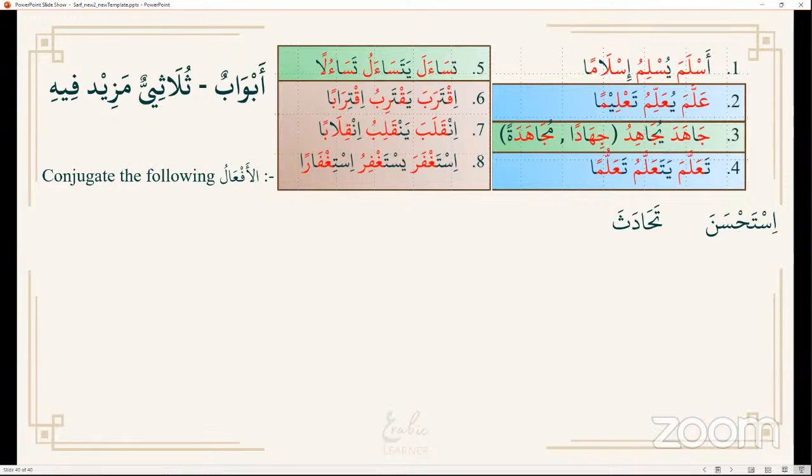Yatahadasu. So put the fa kalima in its correct place, ain kalima in the correct place and lam kalima in the correct place. So tahadasa, yatahadasu, then tahadusan, not tahadasan, tahadusan. Take your time, don't hurry up.